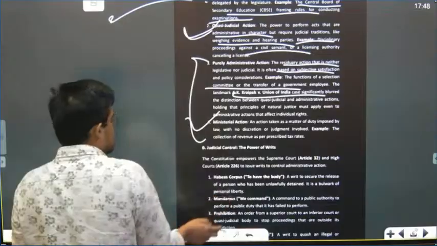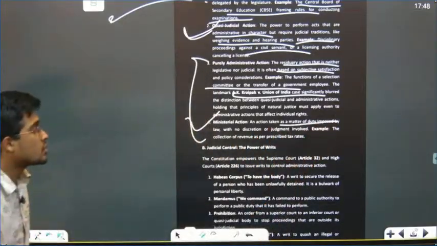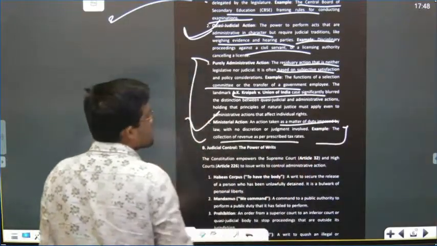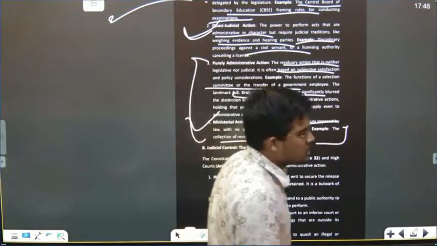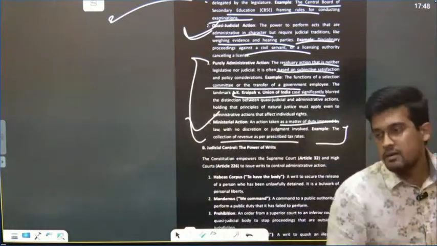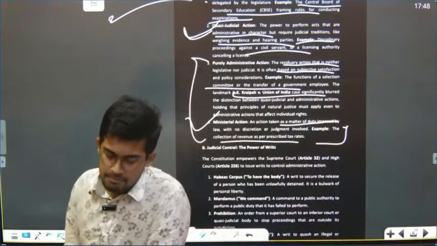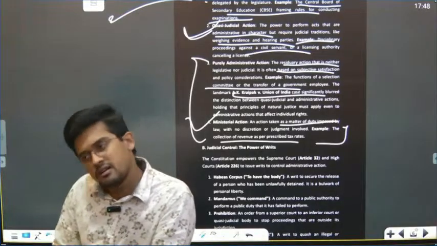And there are ministerial actions. An action taken as a matter of duty imposed by law, with no discretion or judgment involved. Example, collection of revenue as part of prescribed tax rates. Now you go ahead and collect certain taxes from a business. You have not decided the tax rate. Government has decided.